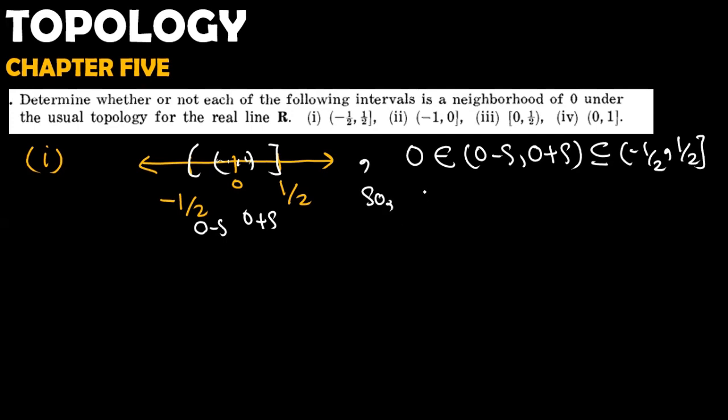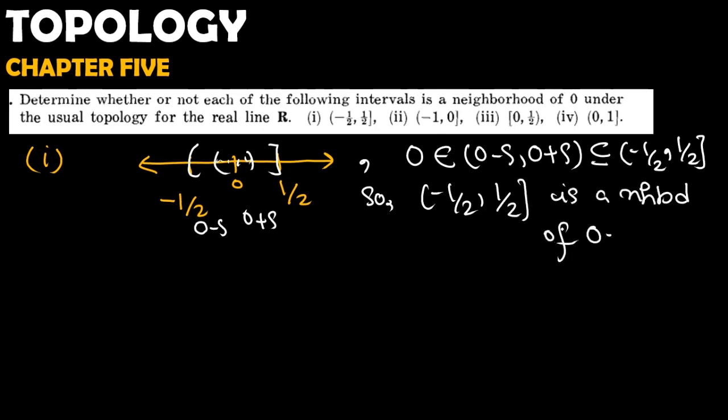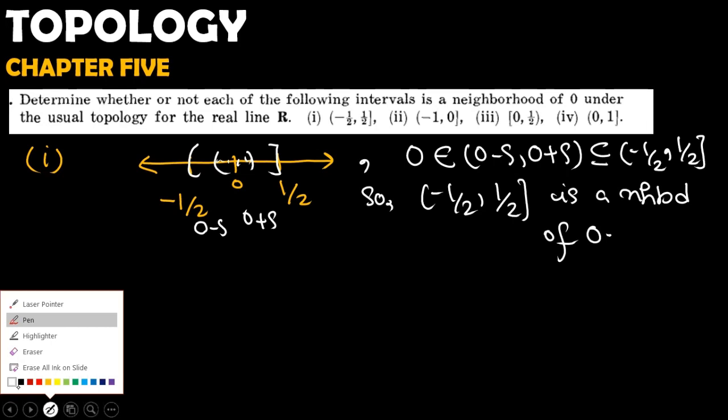So 0 has a neighborhood. The half open, half closed interval from minus 1 by 2 to 1 by 2 is a neighborhood of 0, because 0 plus delta and 0 minus delta belong to our interval, since we have found an open interval inside it.